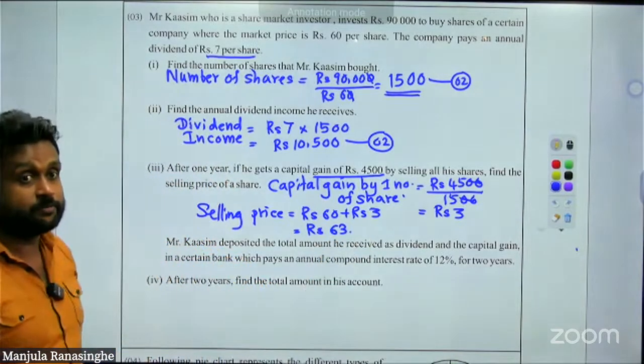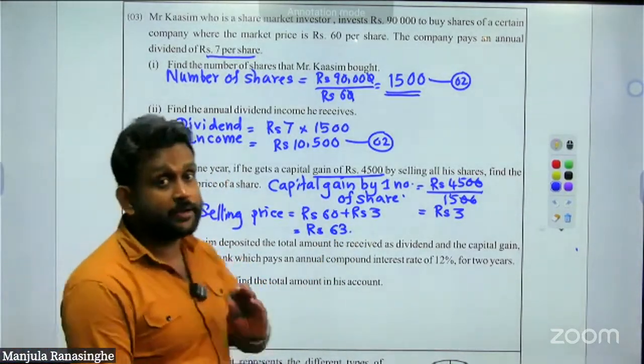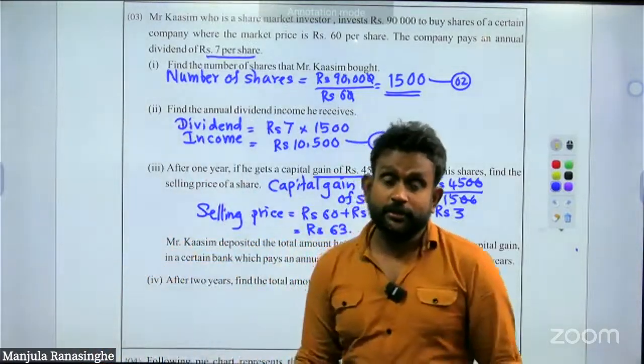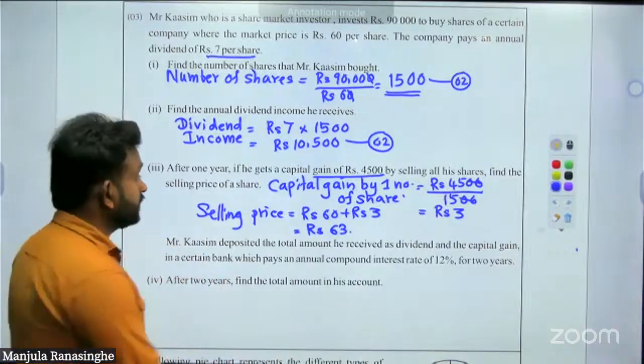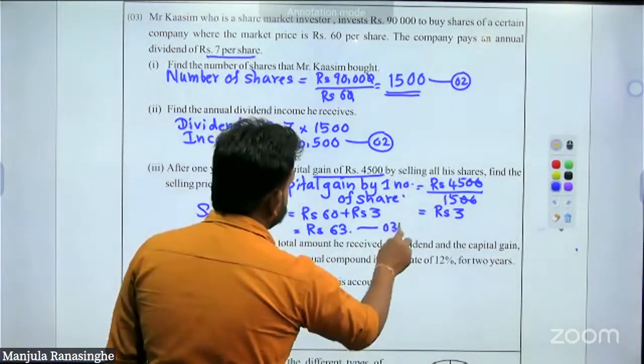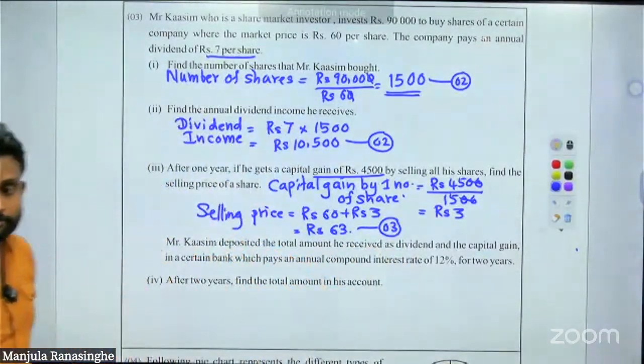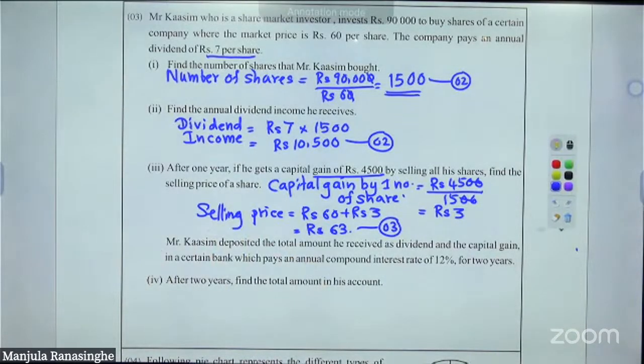So the selling price is equal to the buying price plus the capital gain. Okay, 63. So you have 3 marks there. Okay, correct them. Okay, right, that is okay now.